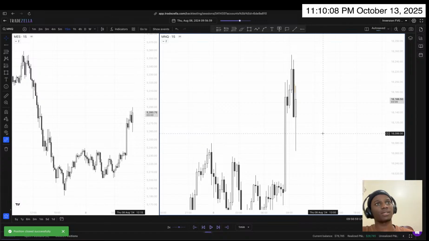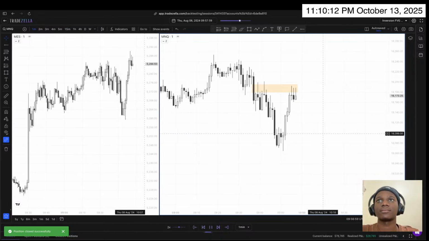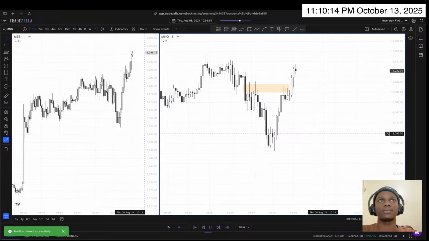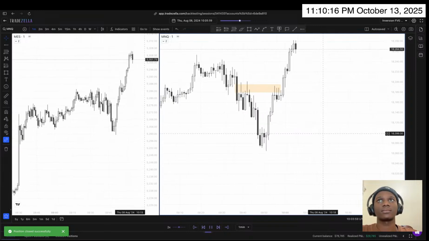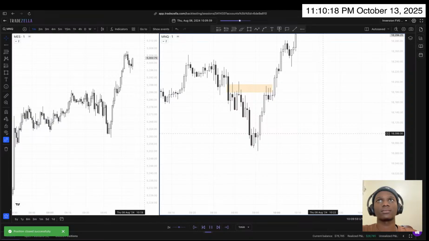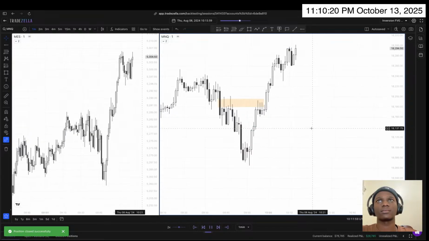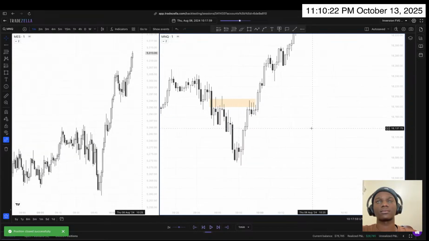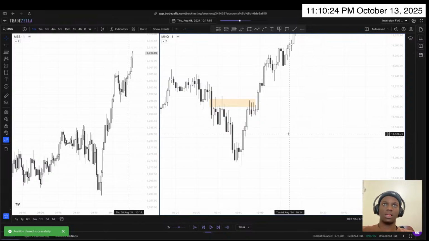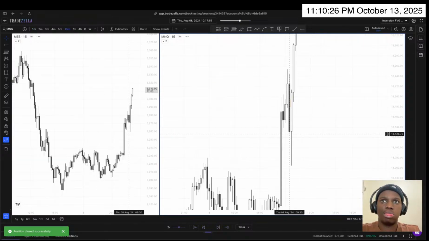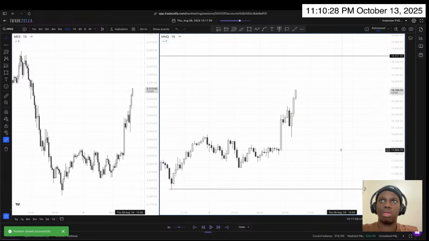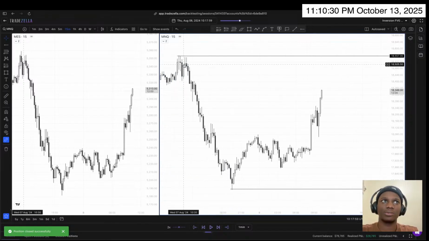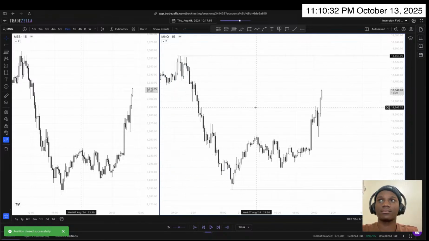Rejecting this 15-minute gap. So we were wrong, we have a continuation to the upside to this high.